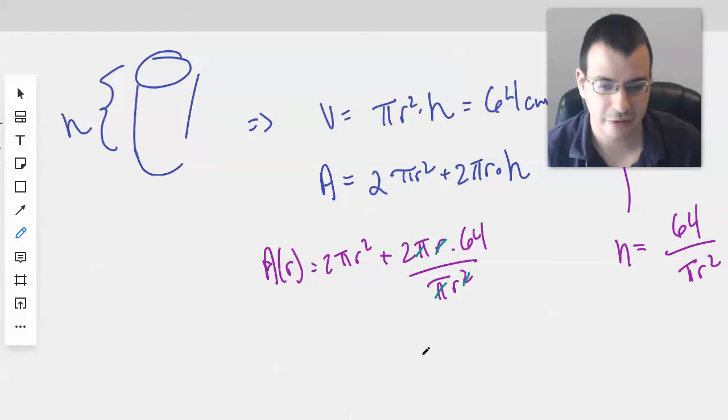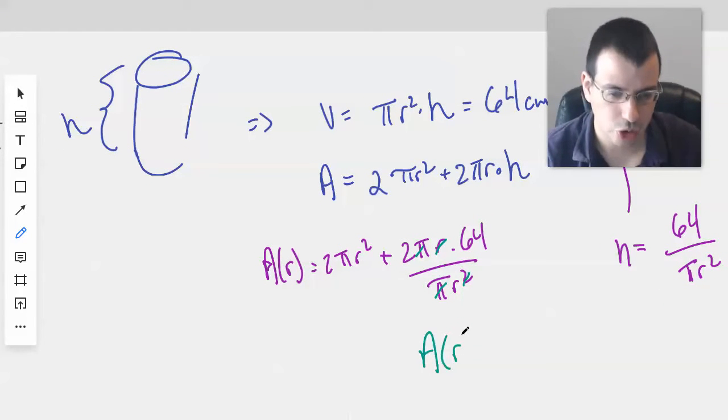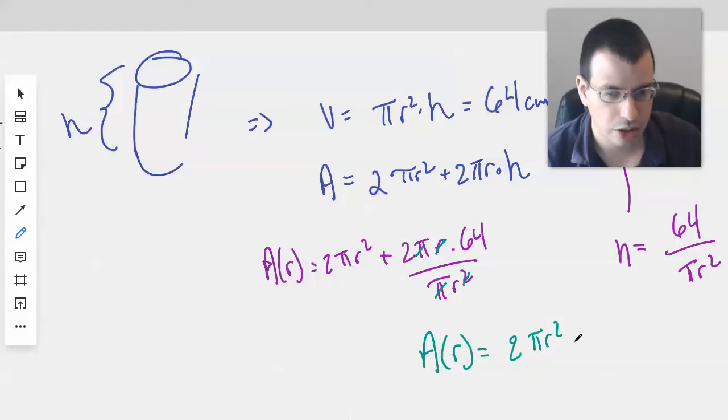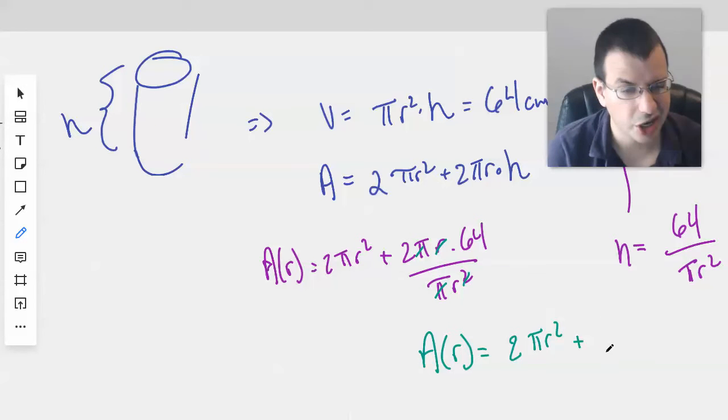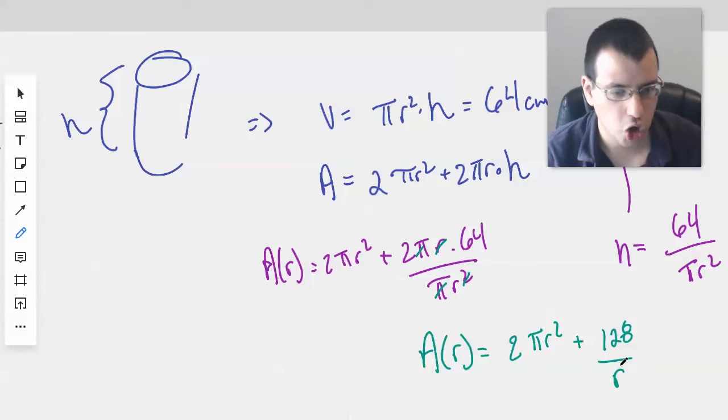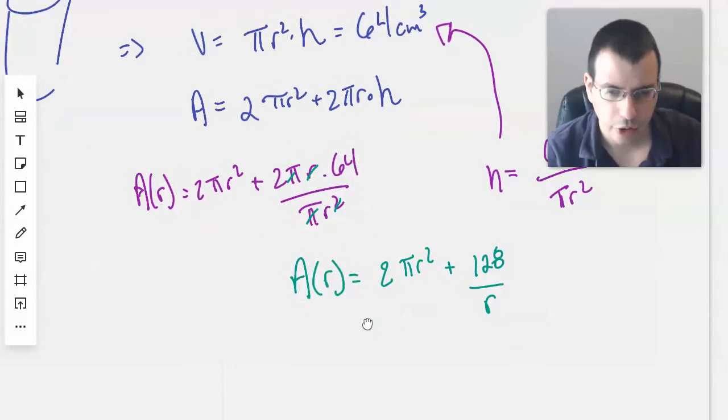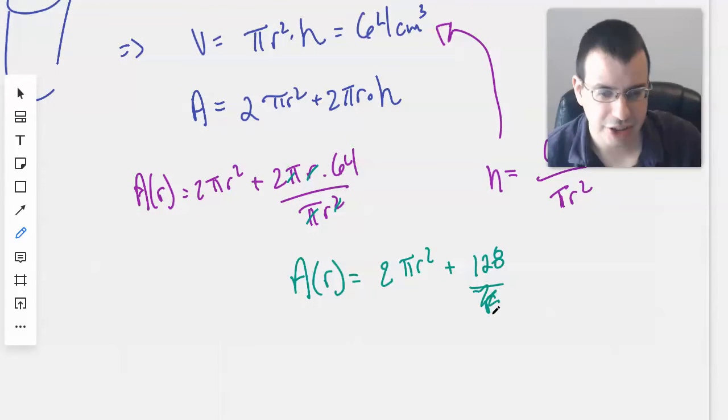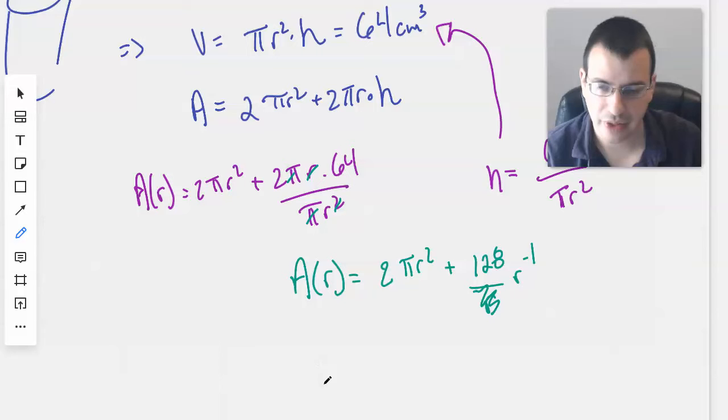So now we have a function that we're going to optimize, or in this case, minimize. We have 2 pi r squared plus 64 times 2, which is 128, over r. I'm going to rewrite this as r to the negative 1, so it'll be easier to take the derivative.